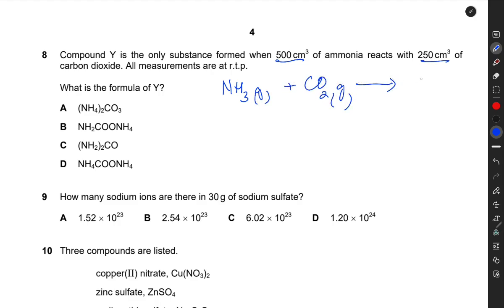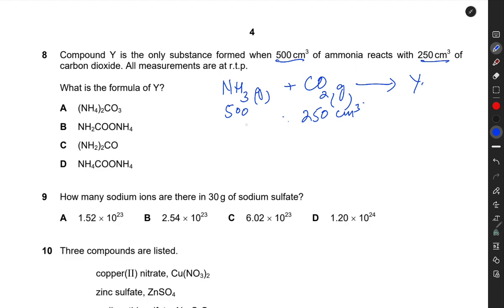To form Y, 500 cm³ of ammonia and 250 cm³ of carbon dioxide react, and we know that moles are directly proportional to volume of gas.